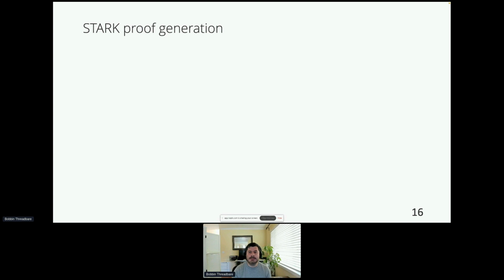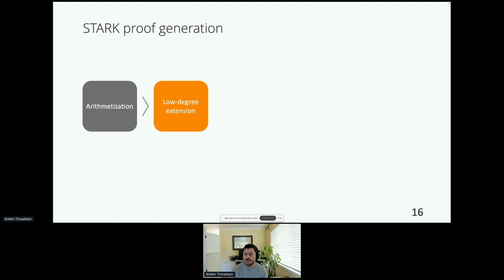Just to highlight the overall process of STARK proof generation. Again, not going very deep into this and the parts that are handled by Winterfell. So we have this arithmetization step, which takes a computation or a program and transforms it into a set of statements about polynomials.